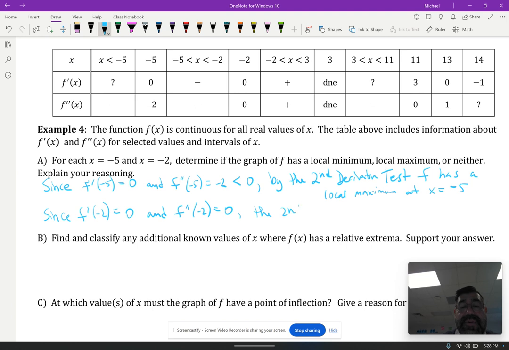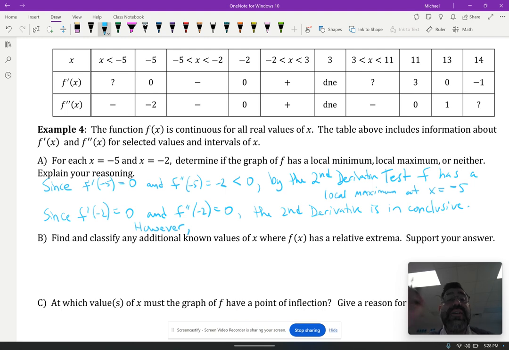The second derivative test is inconclusive. However, there's something else we do know. So I can't use the second derivative test like I did at x equals negative 5.